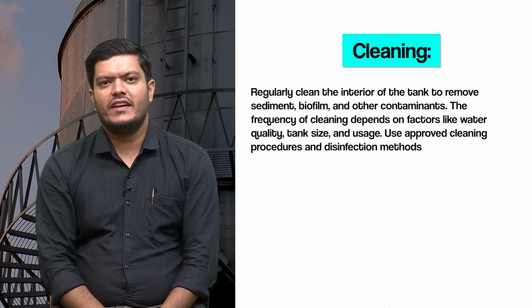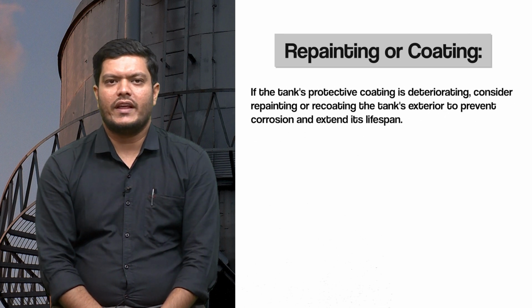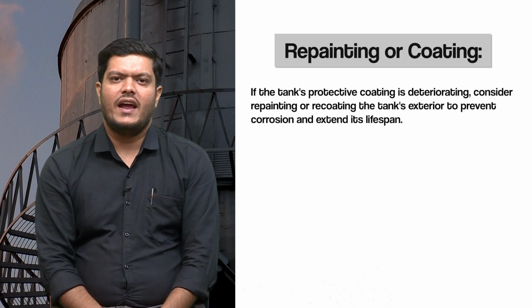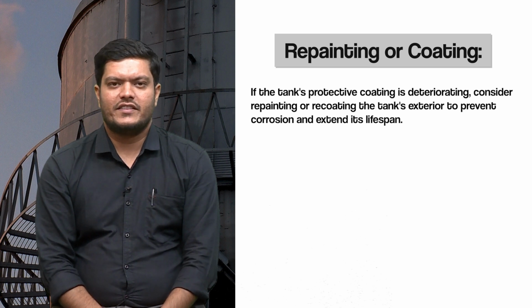Use approved cleaning procedures and disinfection methods. Now, repainting or coating. If the tank's protective coating is deteriorating, consider repainting and recoating the tank exterior to prevent corrosion and extend its lifespan.